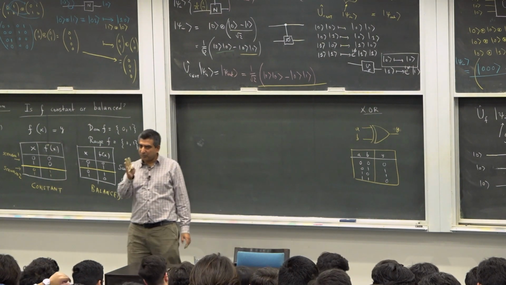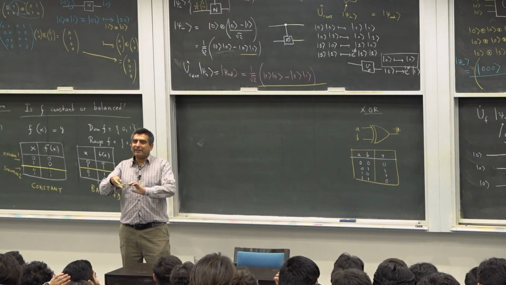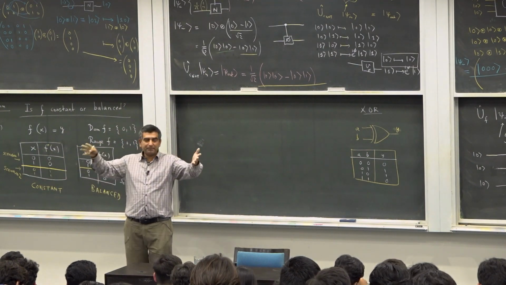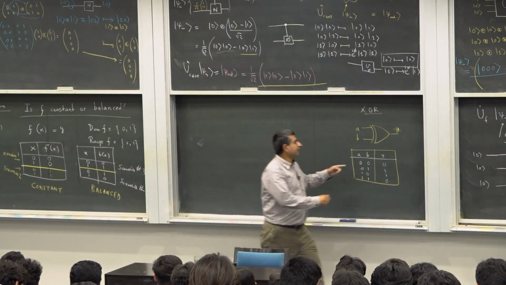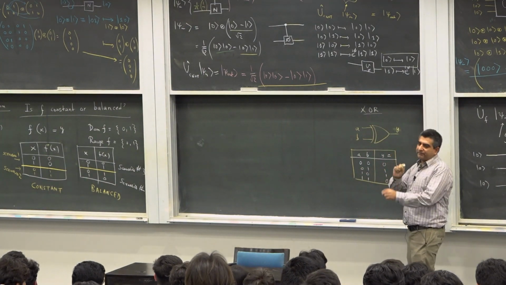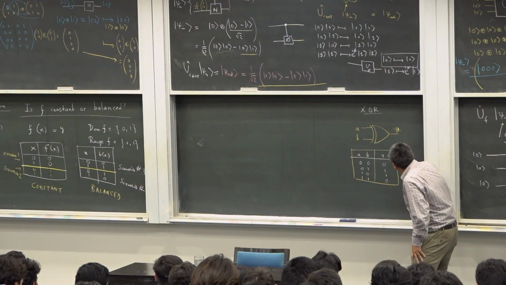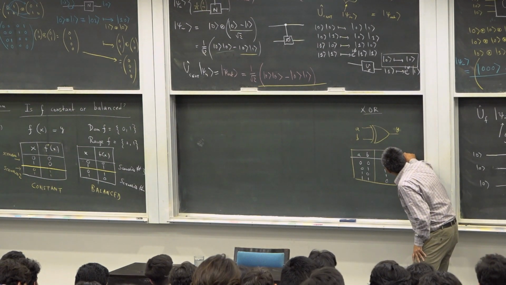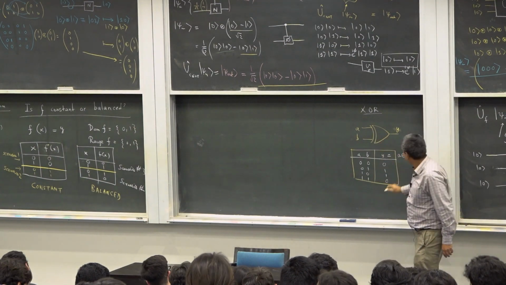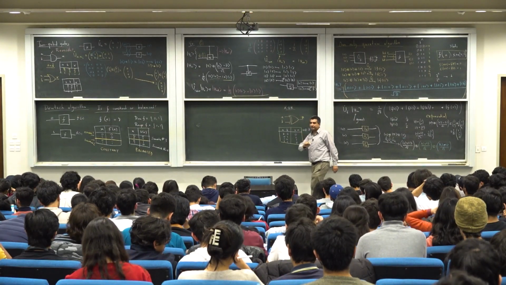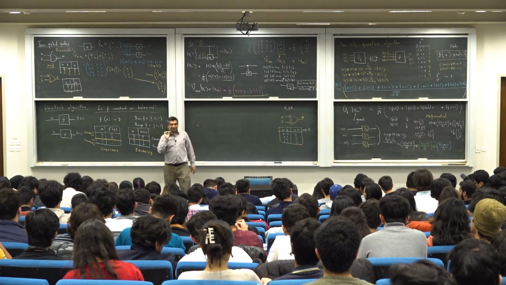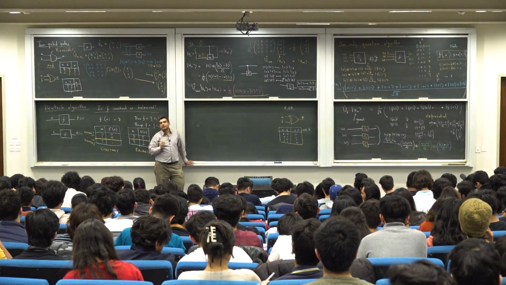It gives you an output 1 only when exactly one of the inputs is 1. Exclusive OR gate, and the symbol for this is Y equals exclusive OR of A and B, and the symbol for this I think is a plus sign encircled. Okay, this is how it is denoted.